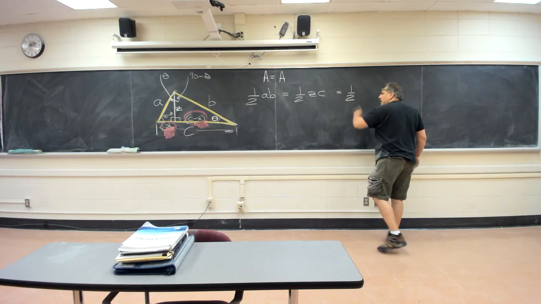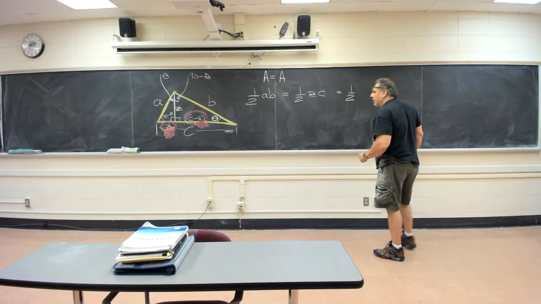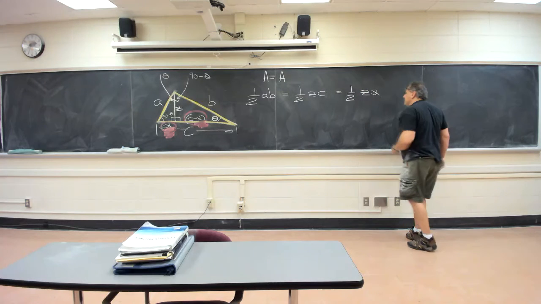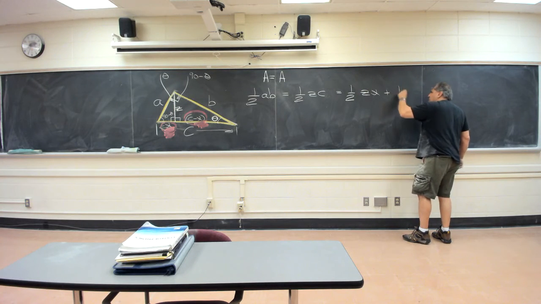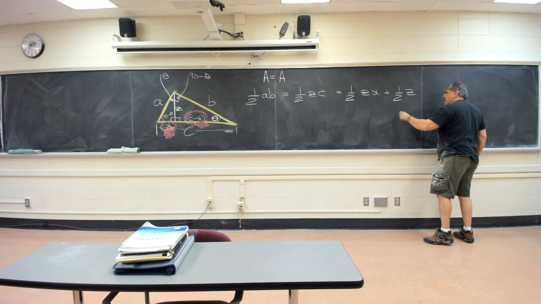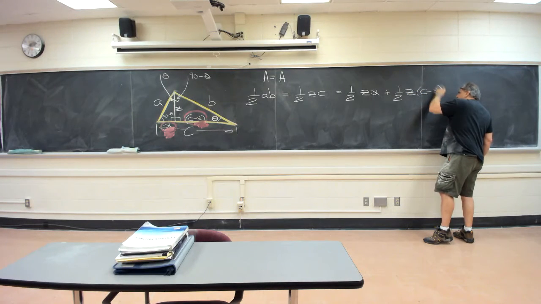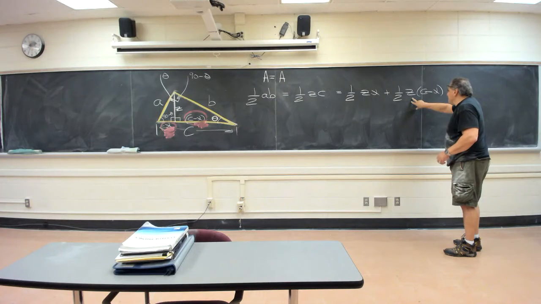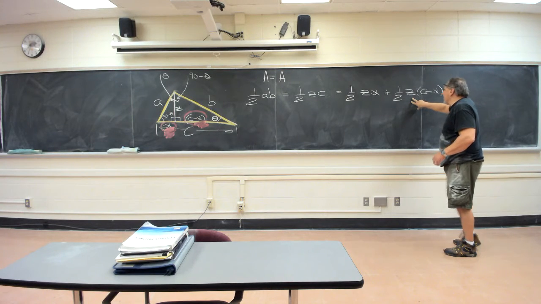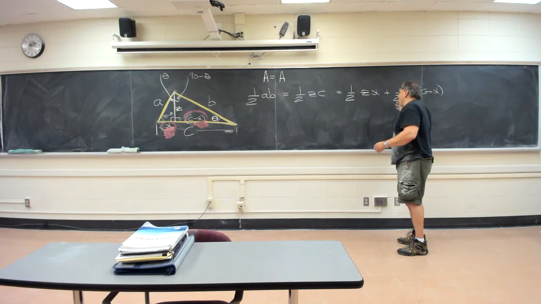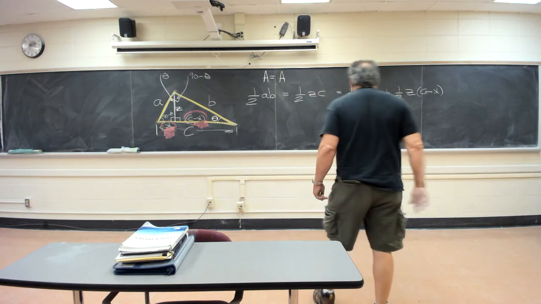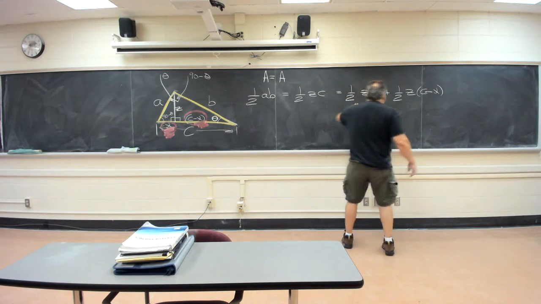I'm not exactly thrilled with the entire argument, guys, but one half ZX plus one half Z times C minus X. That's true because if you distribute, you get one half ZC minus one half ZX plus one half ZX, which is one half ZC, and that's this. This and this are definitely true.